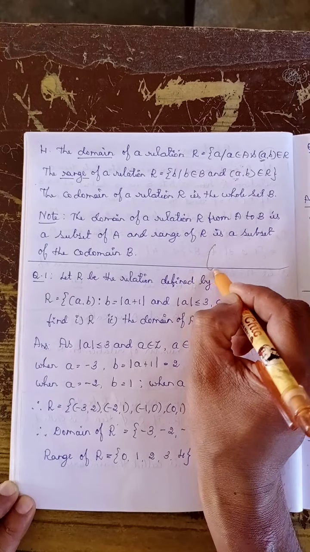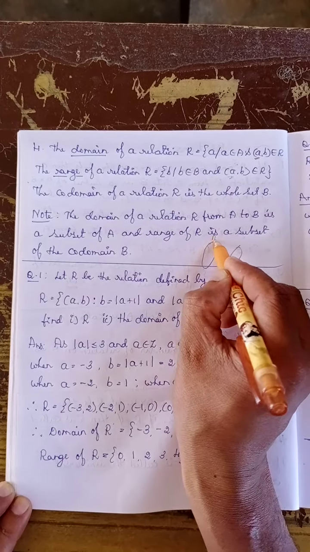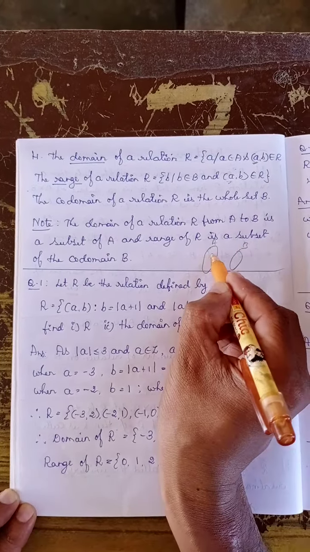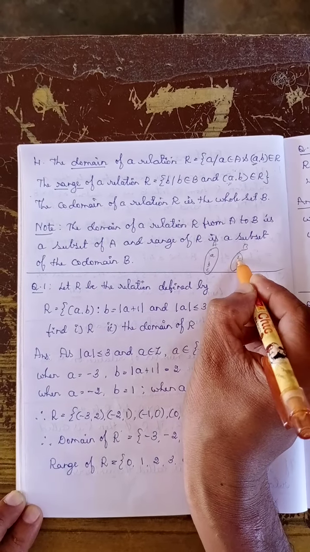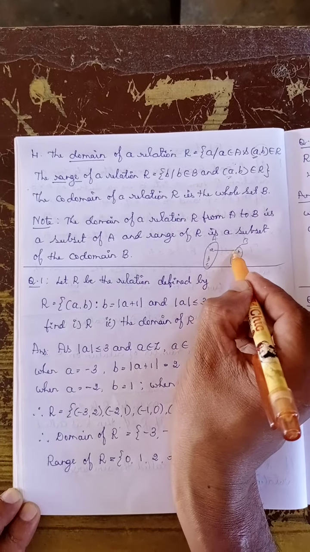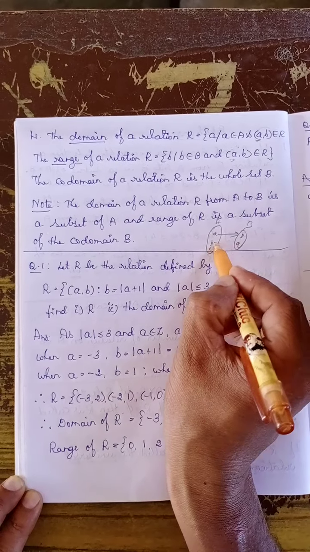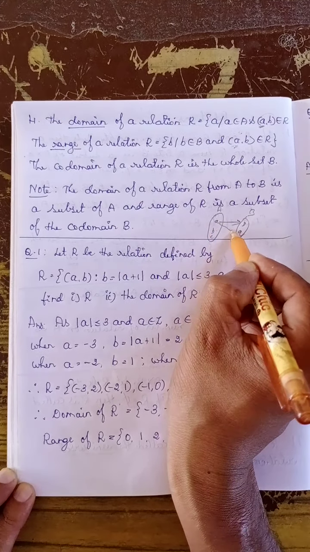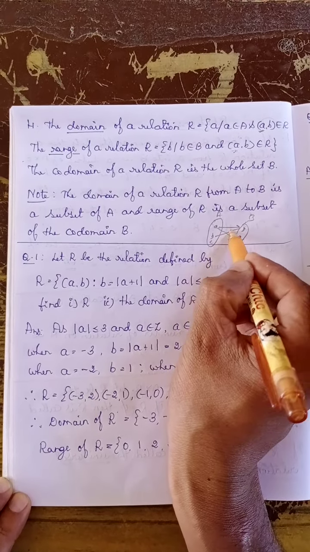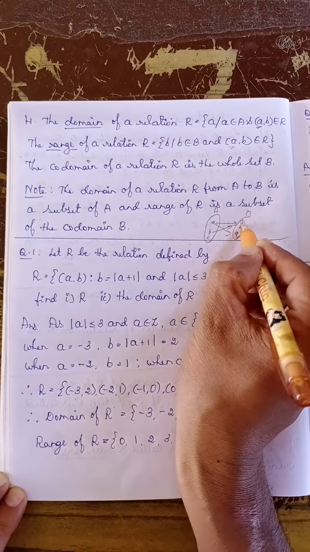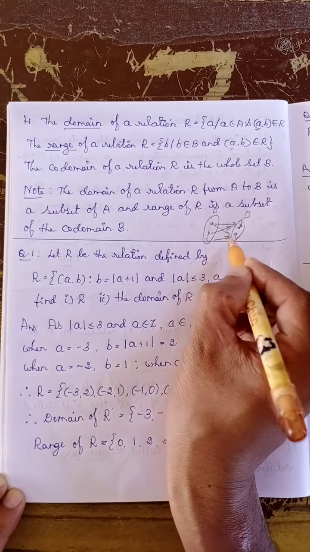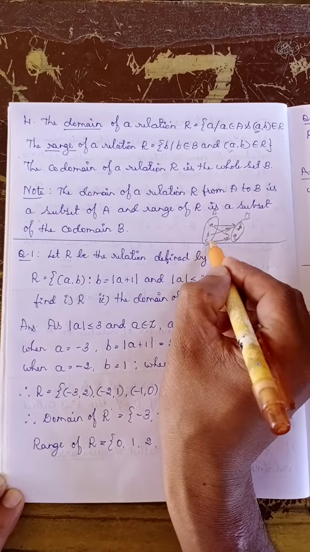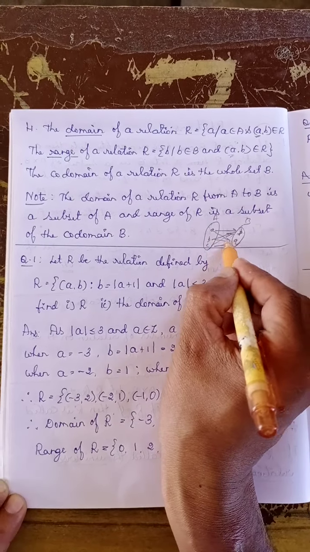Suppose we have two sets, A and B. Here we have a, b, c, and here we have p and q. Here a is mapped onto p and a is mapped onto q. We explained this already. And b is mapped onto p and c is mapped onto q, and also c is mapped onto p and b is mapped onto q.